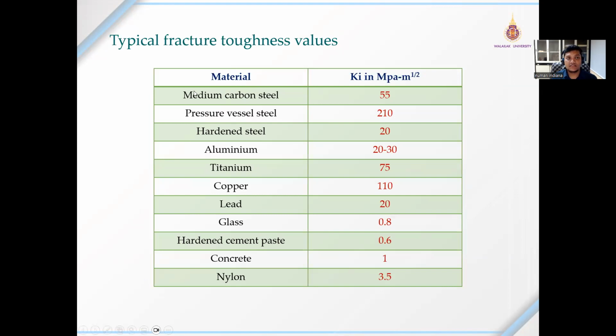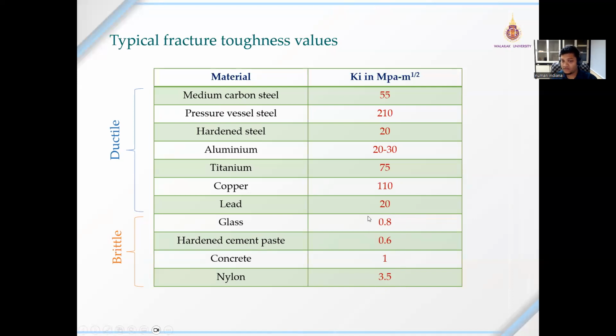So as I said before, the fracture toughness values for the ductile materials, the steel kind of materials, like here we have medium carbon steel, pressure vessel steel, hardened steel, aluminum, titanium, copper, lead. So these are the ductile materials, and their stress intensity or fracture toughness value is more compared to the brittle materials like glass, hardened cement paste, concrete, nylon.